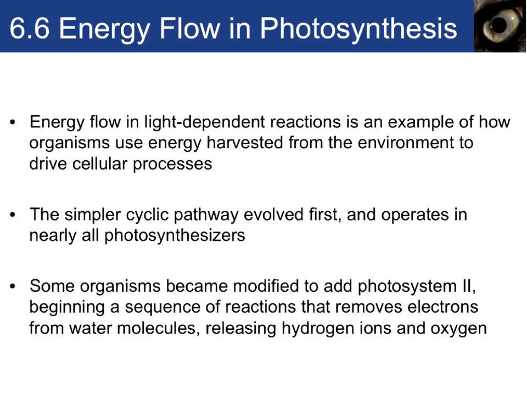And they begin a sequence of reactions that removes the electrons from water molecules and releases the hydrogen ions and the oxygen. So photosystem 1, or the cyclic pathway, was the original photosynthetic process. And as plants evolved, they evolved this second photosystem that then produces more energy.